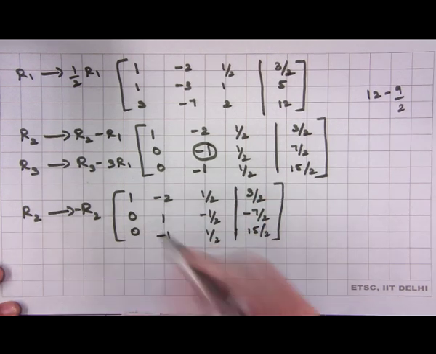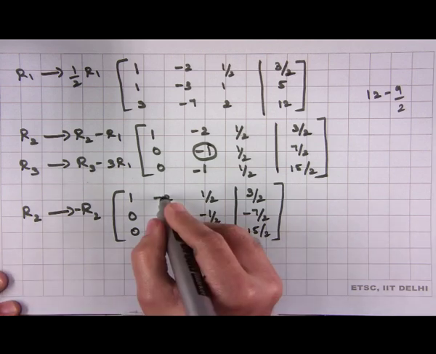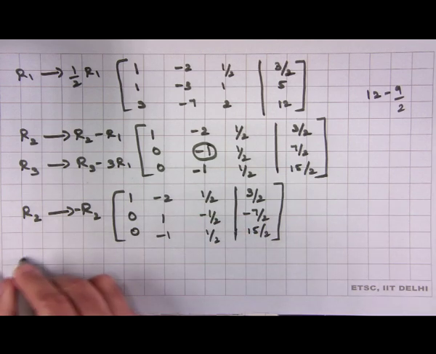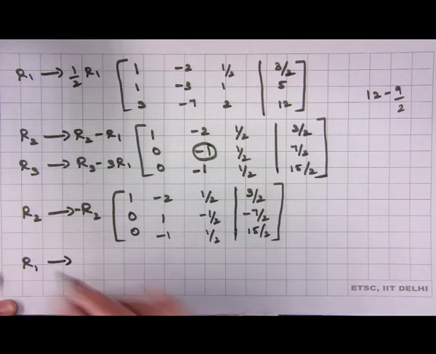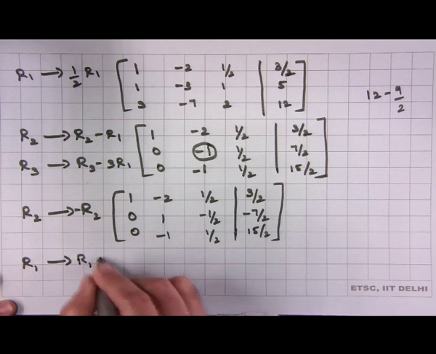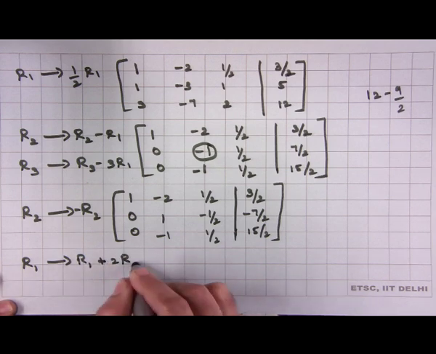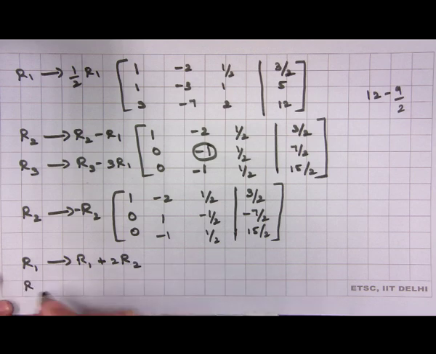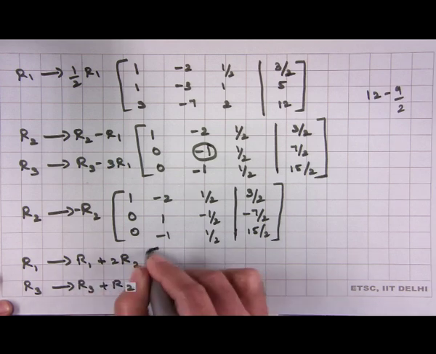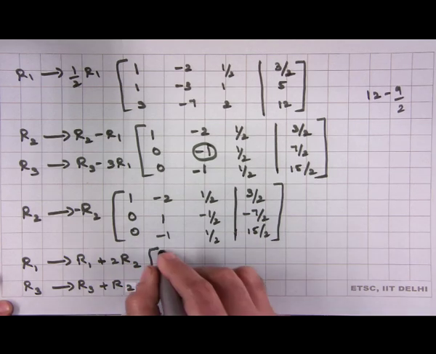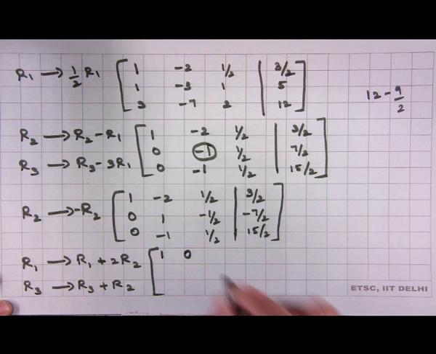Now, I will have to convert minus 2 and minus 1 into 0. So, replace R 1 by R 1 plus 2 times R 2 and replace R 3 by R 3 plus R 2, and one can notice in this stage that what you have is 1 0, this goes to 0.